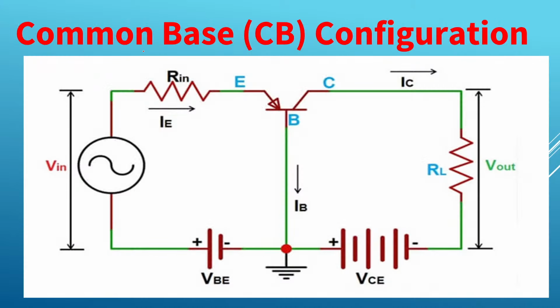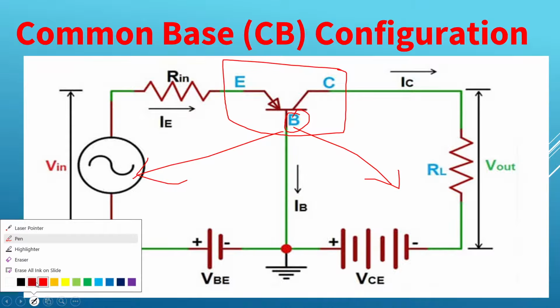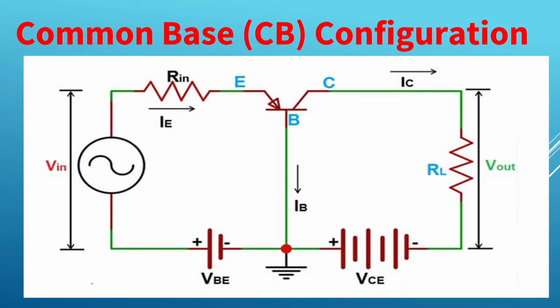So this is our common base configuration, and this is our BJT. You can draw it if you want. Here the base is common to both input as well as output. You can draw it roughly; I'll give you a minute.